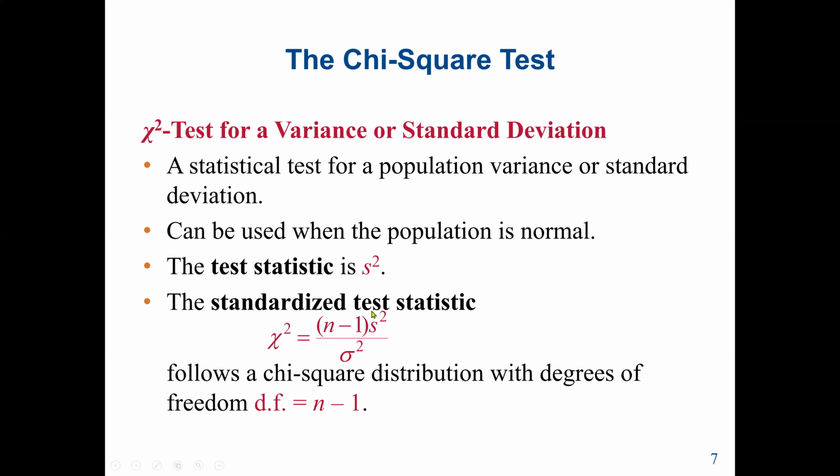The standardized test statistic is n minus 1 times S squared divided by sigma squared, the population variance. This follows a chi-square distribution with degrees of freedom n minus 1.